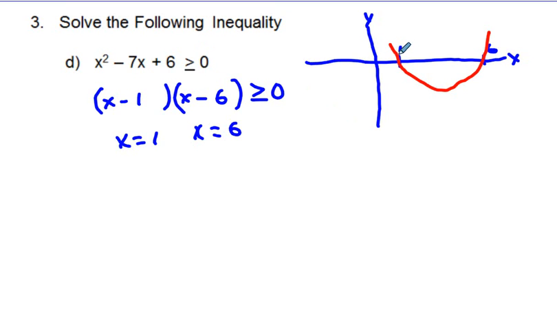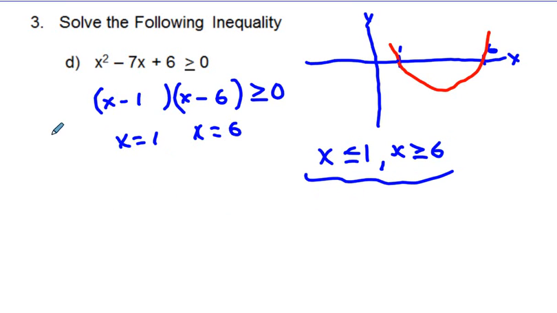So we would find that at x equals 1 and to the left. So x is going to be less than or equal to 1, or x is greater than or equal to 6. So that's one way of looking at that.